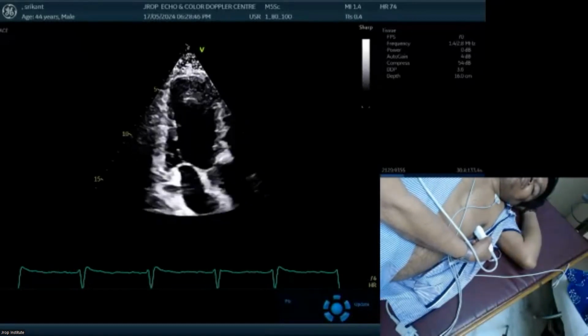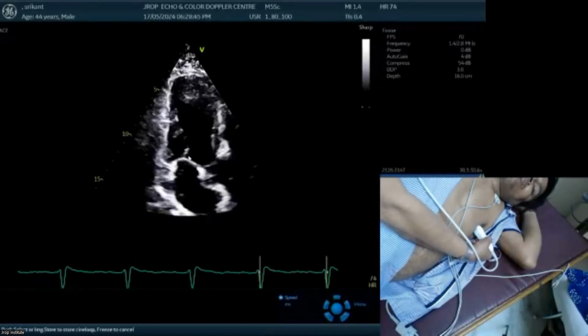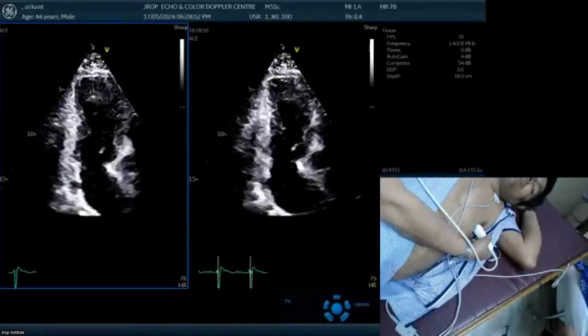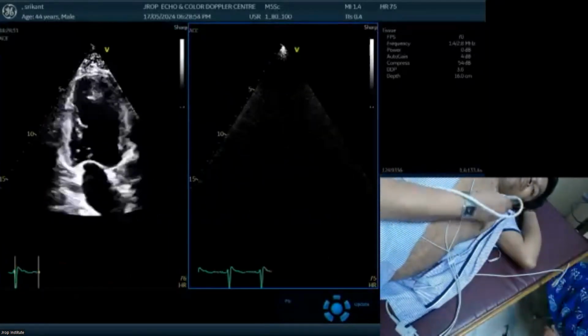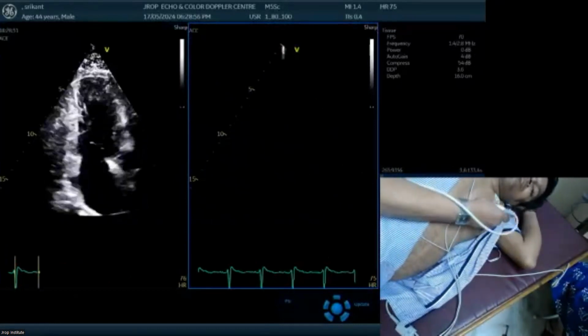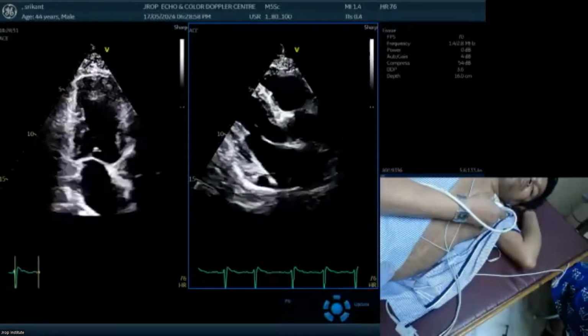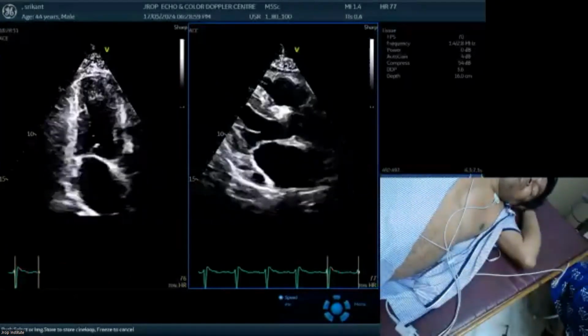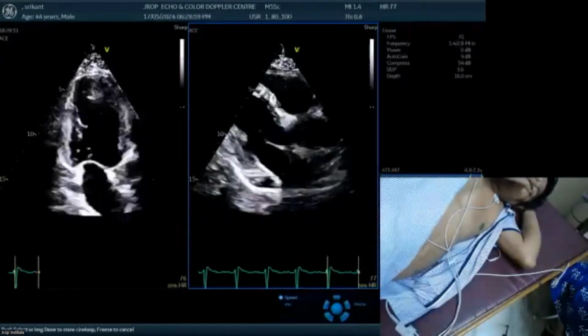And this is almost like parasternal long axis view. Only fact is this is standing and parasternal long axis view was lying. Look, these are two contemporary with each other. One is the lying parasternal long axis view, other is standing parasternal long axis.